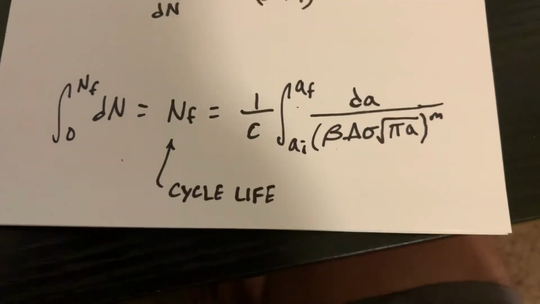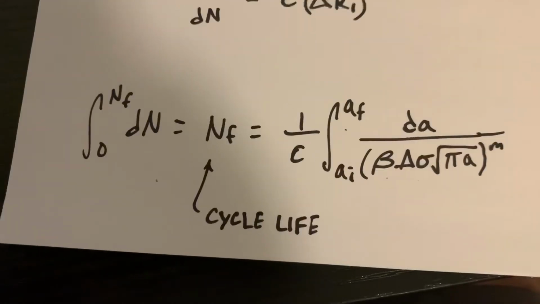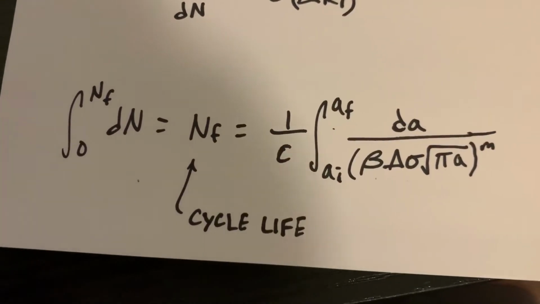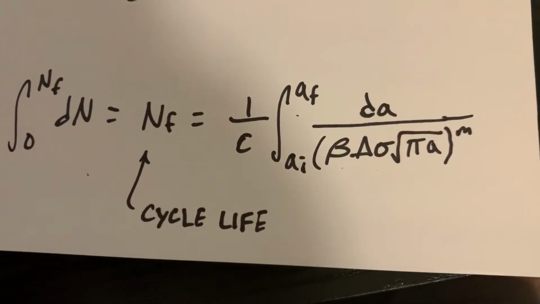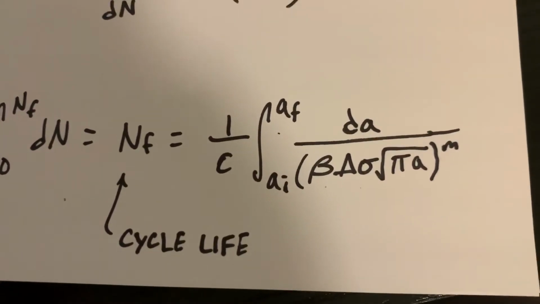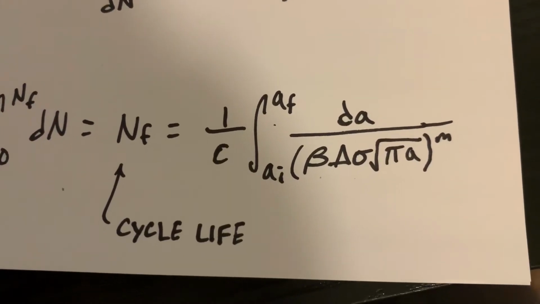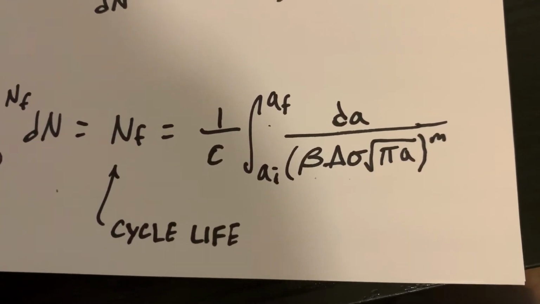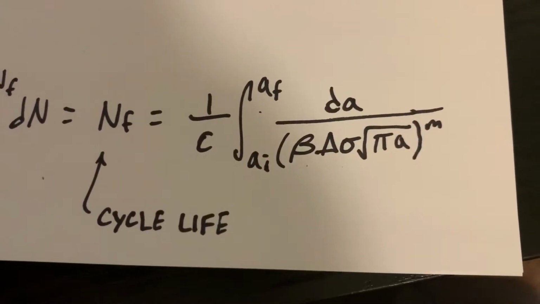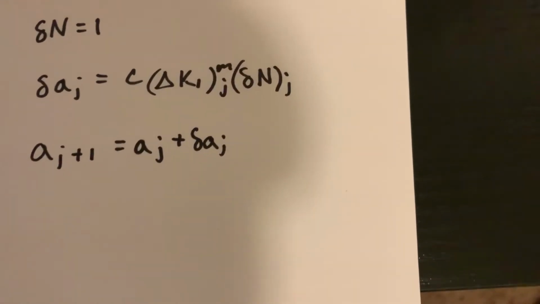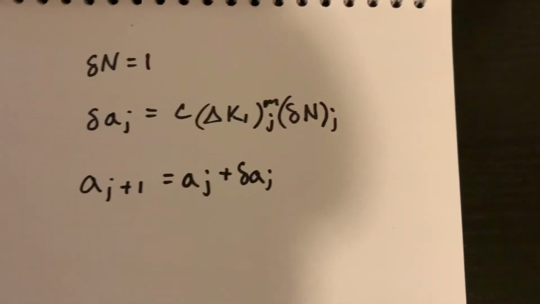Furthermore, we can predict the cycle life N sub F with this equation. It's the integral of dN from 0 to N sub F equals 1 over C, integral from A initial to A final, dA over beta delta sigma square root of pi A, all raised to the power M, our constant M. Our beta isn't always constant, and when it isn't constant, we can use this algorithm.